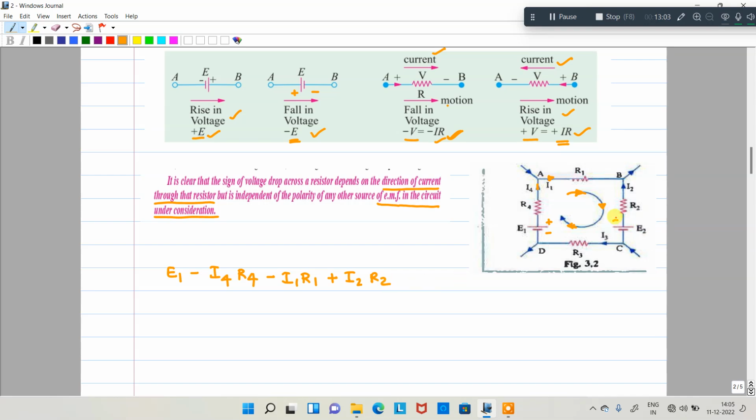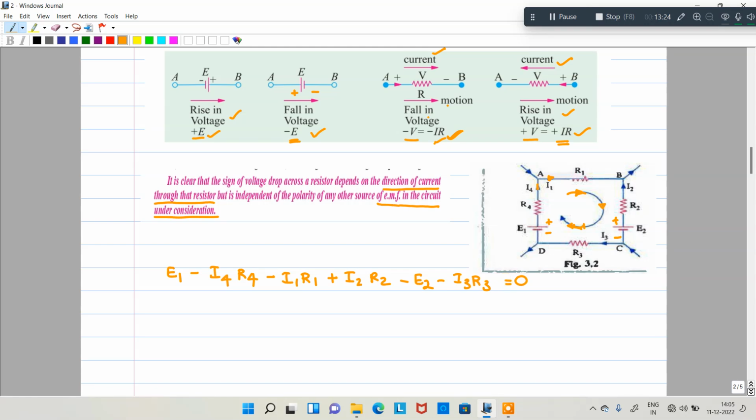Coming to here, the arrow direction is from positive to negative, a fall in voltage, minus E2. Coming to here, this arrow direction is the same as the current direction in the branch, so it is a fall in voltage, that is minus I3 into R3 is equal to 0.